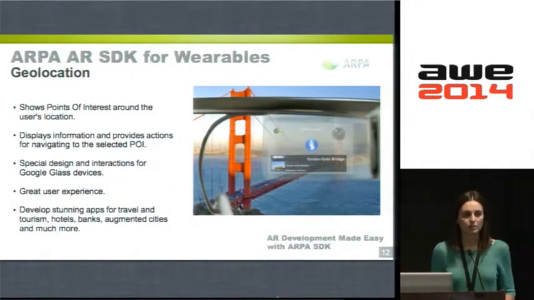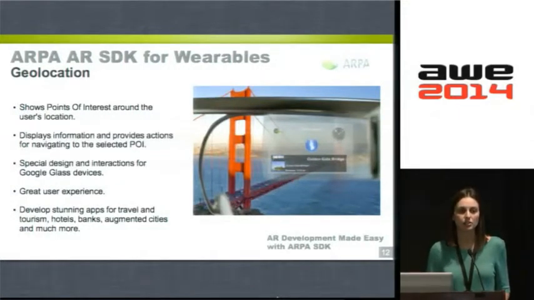The other important module of ARPA AR SDK for wearables is geolocation and sensor tracking and orientation. It allows developers to create augmented reality applications that show points of interest around the user's location.